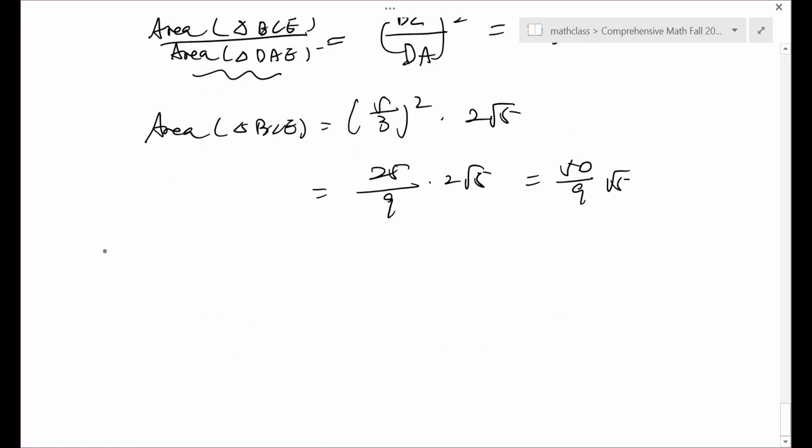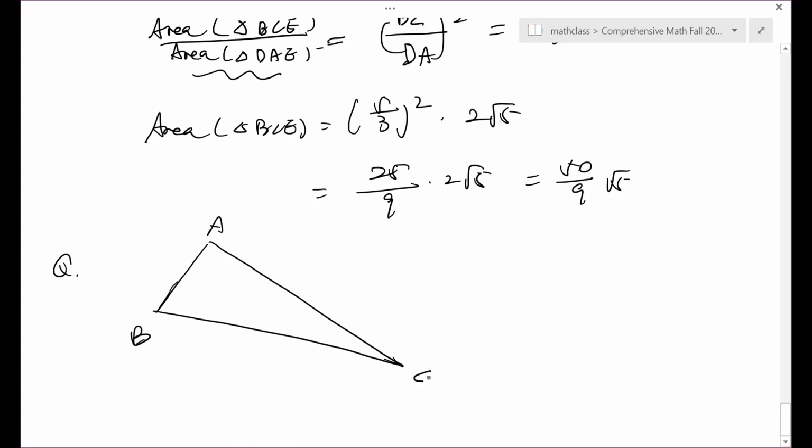Okay, for example, if we have a triangle like that, with A, B, and C, this triangle has three sides, 33, 44, and 55.